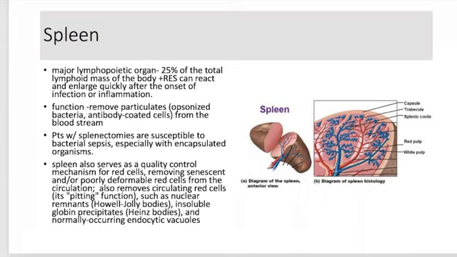The white pulp is embedded within the red pulp. The spleen is interlaced with many blood vessels and also has the ability to store blood. Blood that circulates through the spleen comes from the splenic artery, which branches from the descending aorta, and re-enters circulation through the splenic vein and into the portal vein.